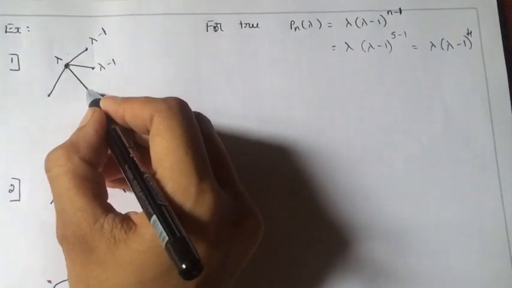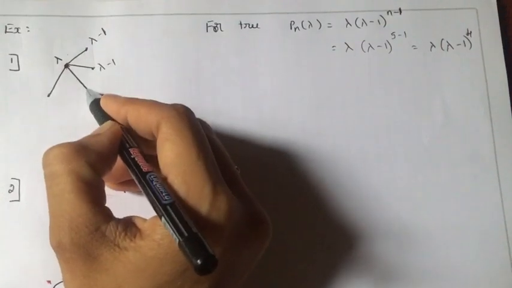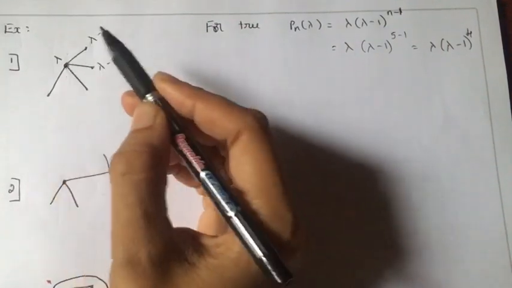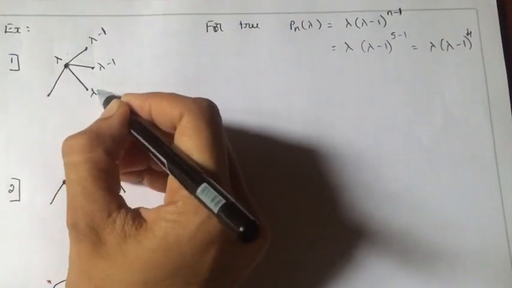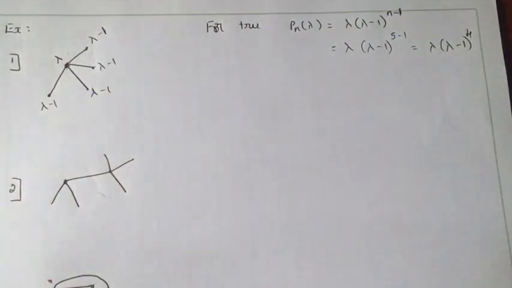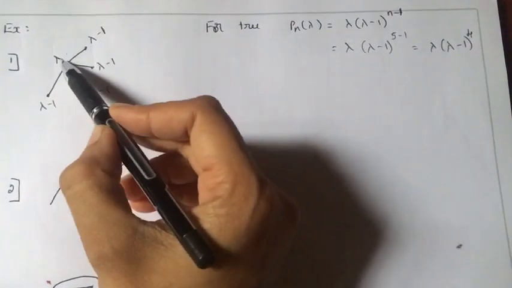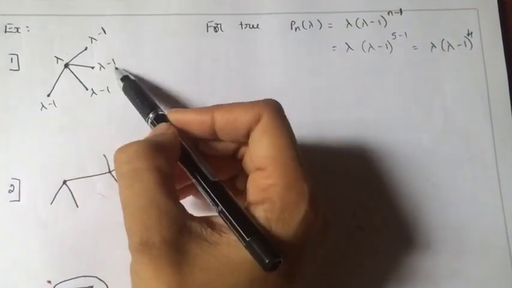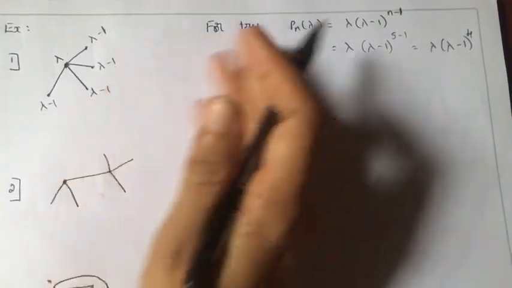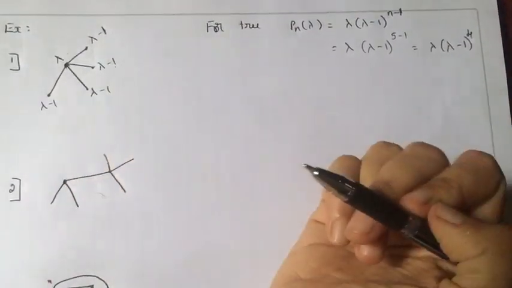Like that, I can give these colors to this, but I cannot give this one, so only one option is less, therefore lambda minus 1 options. And even for this, I have got lambda minus 1 options. So in total, Pn of lambda is lambda into lambda minus 1 into lambda minus 1 into lambda minus 1 into lambda minus 1. That is lambda into lambda minus 1 power 4.